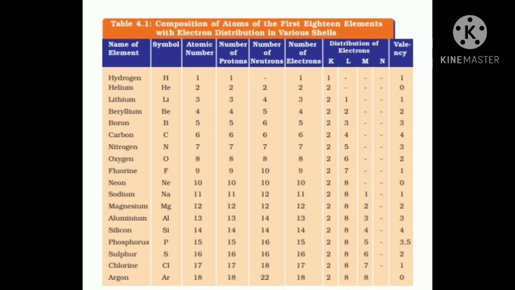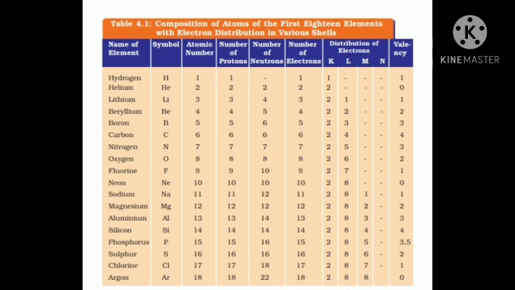So the number of electrons in the outermost shell, that is the valence shell, is 5. That is the valence electron. Valency equal to 8 minus 5, so it has the valency 3. Phosphorus has two valencies, 3 and 5.